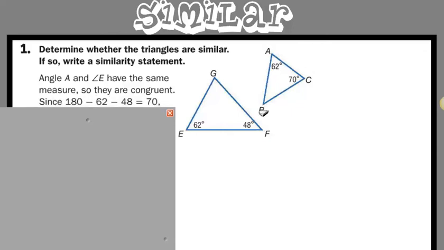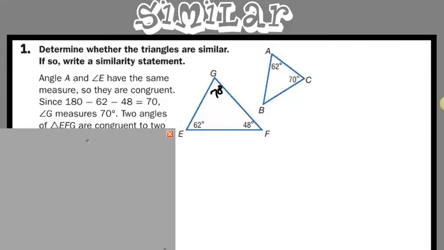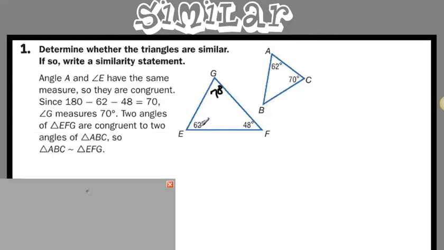Let's look at this triangle here. If I take 62 and 48 both away from 180, I get 70 degrees for this angle. So since G measures 70 degrees and we need two angles to show similarity, we've got them.